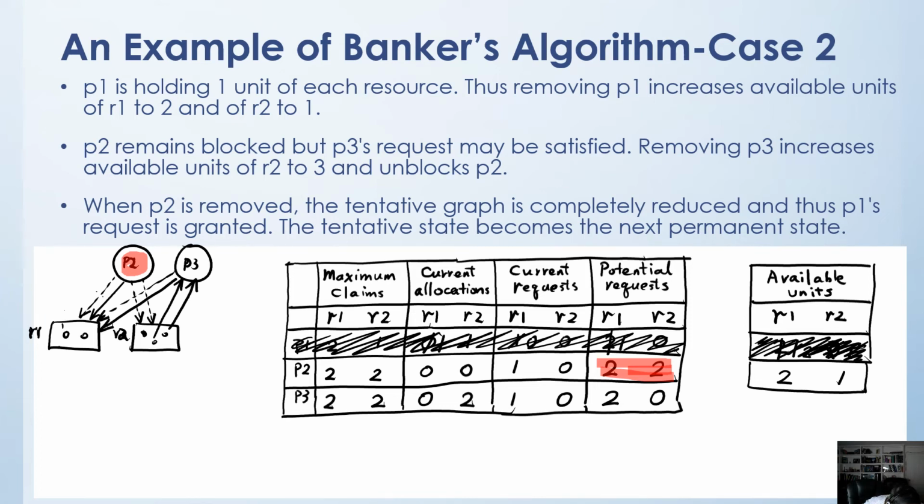So then we can basically satisfy P3 if P3 wants to complete, which means if all the requests and the claims for P3 eventually switch to allocation, then P3 gets all the resources.